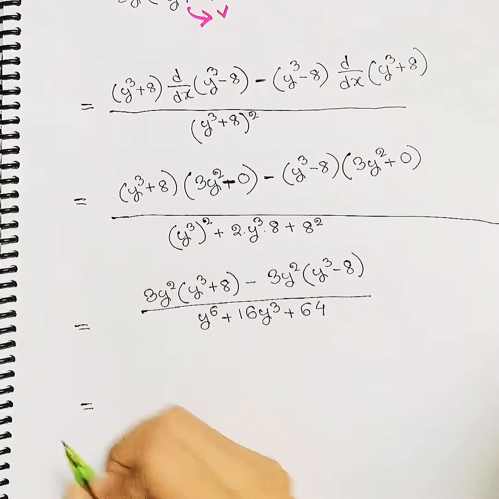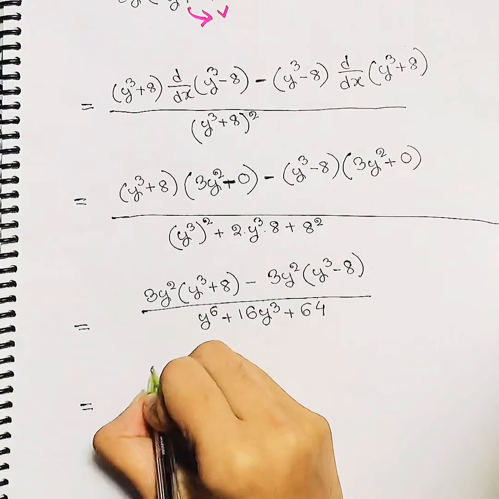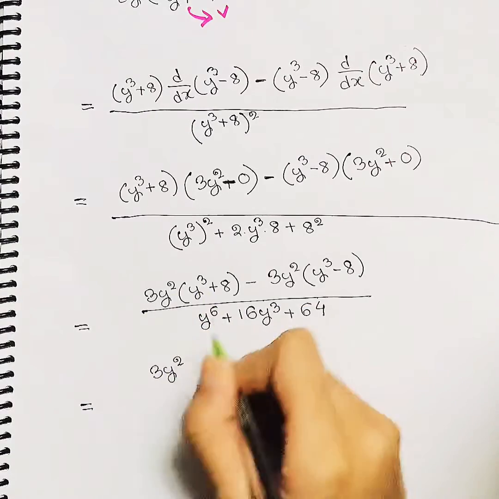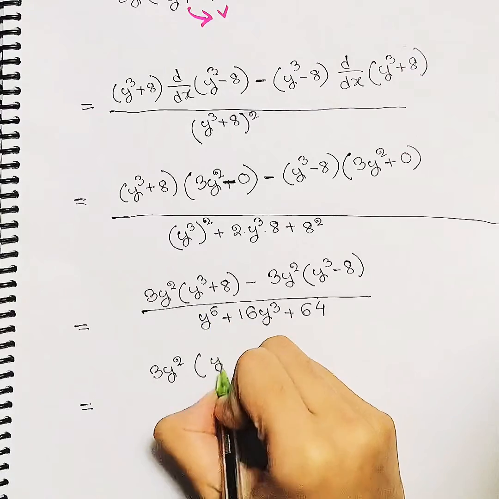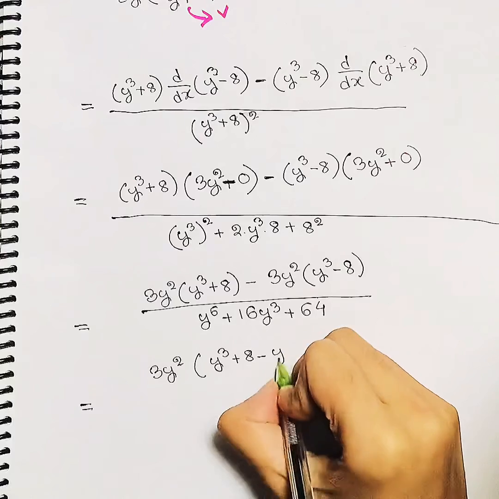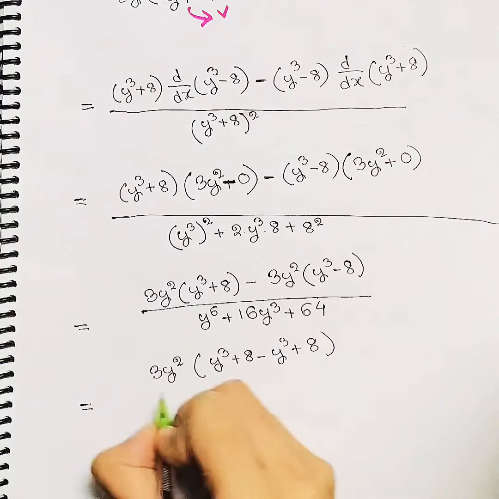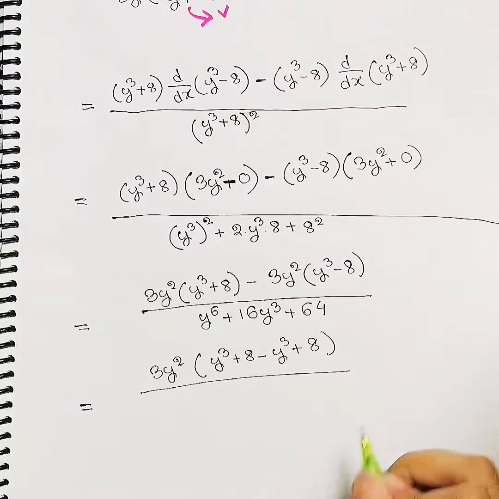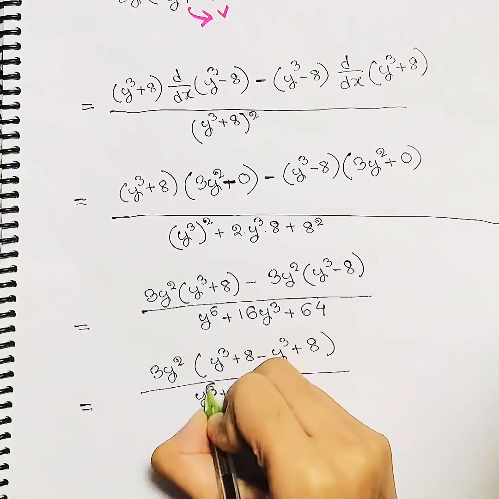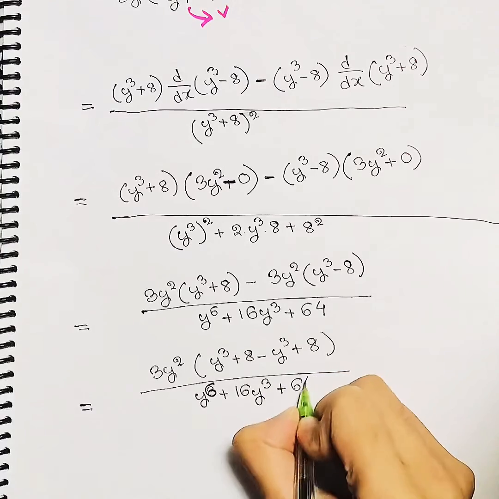Now if I take 3y square common, then I will have (y cube plus 8 minus y cube plus 8) divided by y to the power 6 plus 16y cube plus 64.